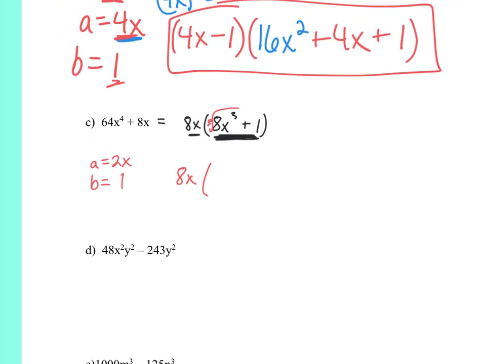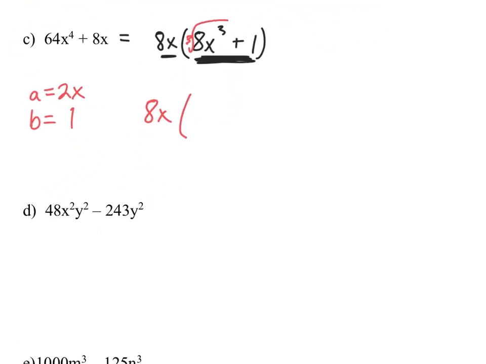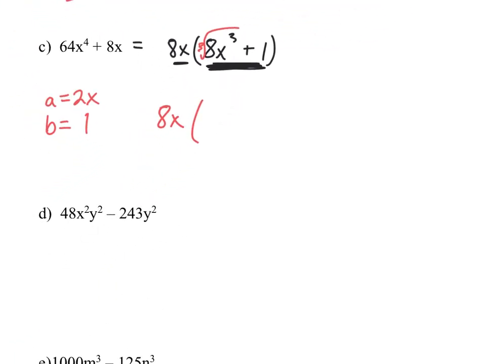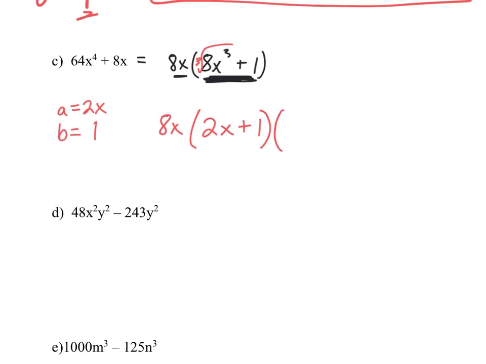Now we're going to perform sum of cubes. So we go back up, we look at our formula. We start with a plus b, which is going to be what? 2x plus 1. What comes next? 2x squared.